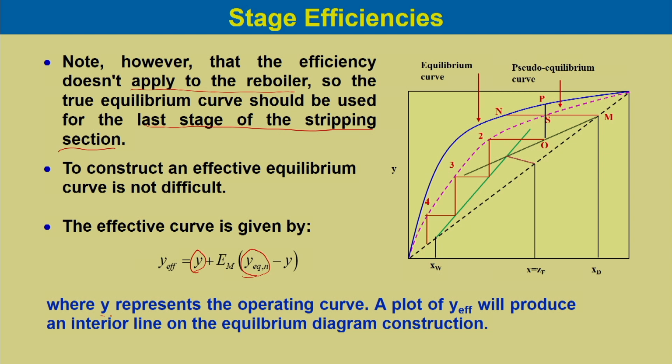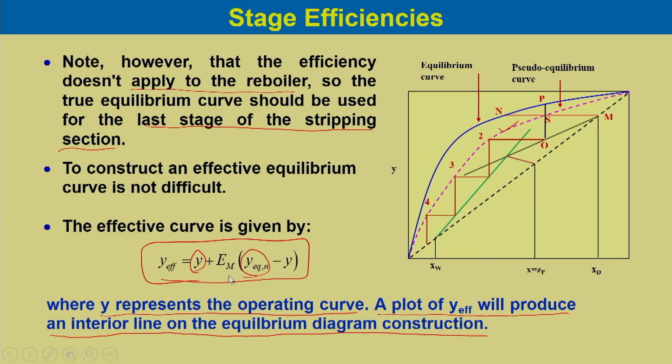So, y represents the operating curve data. Now, a plot of y_effective will produce an interior line on the equilibrium diagram construction. So, the pink line drawn over here is data calculated based on y_effective.